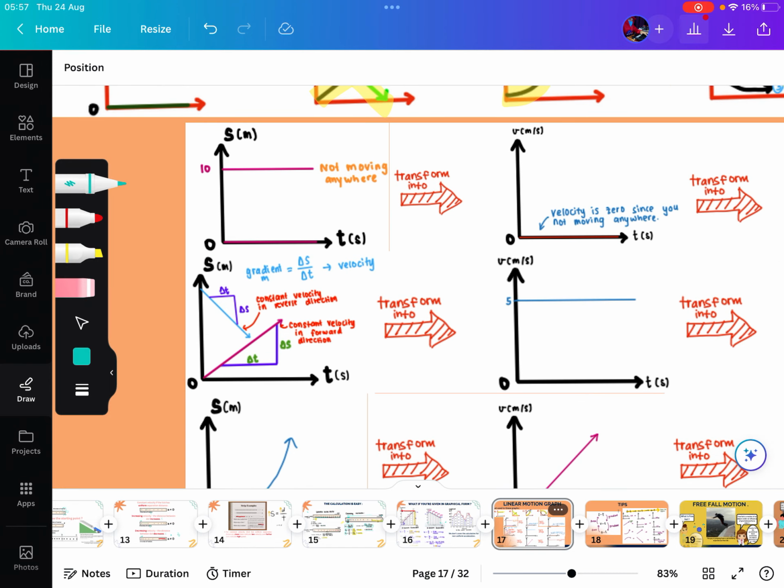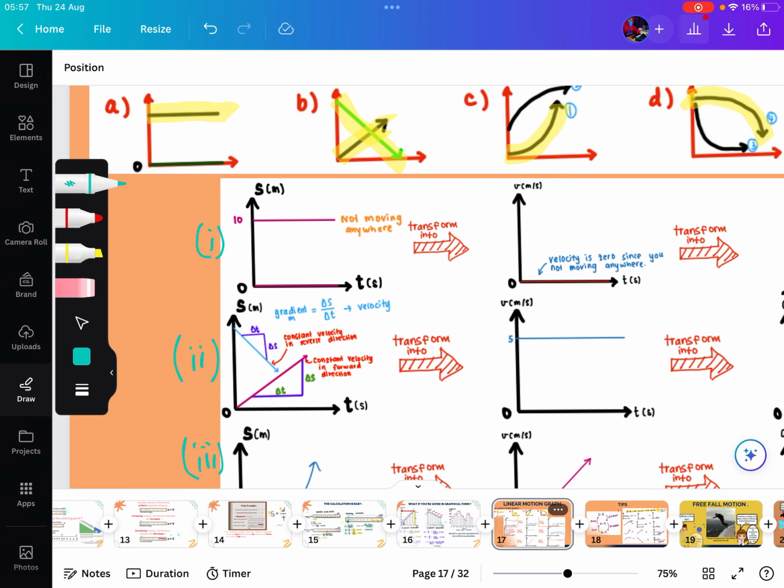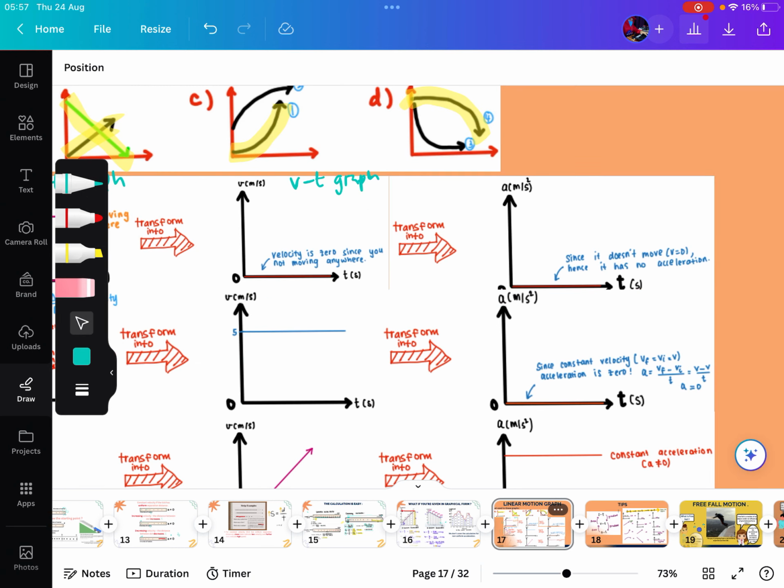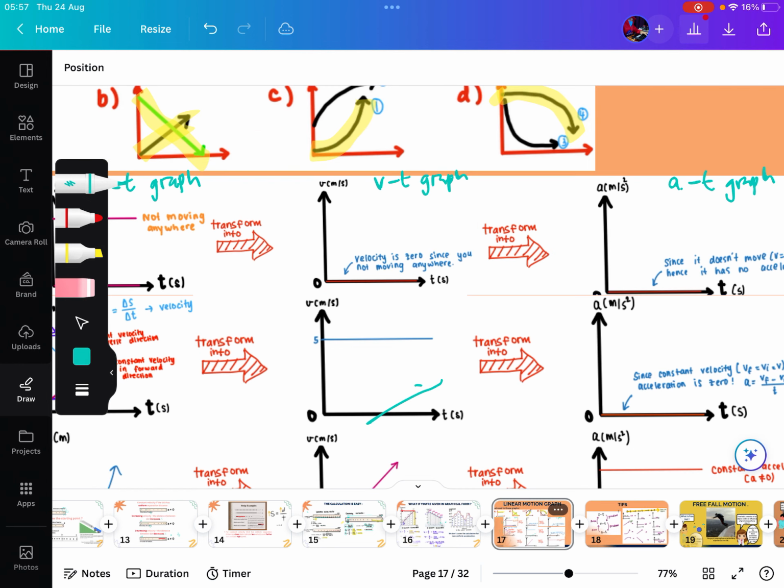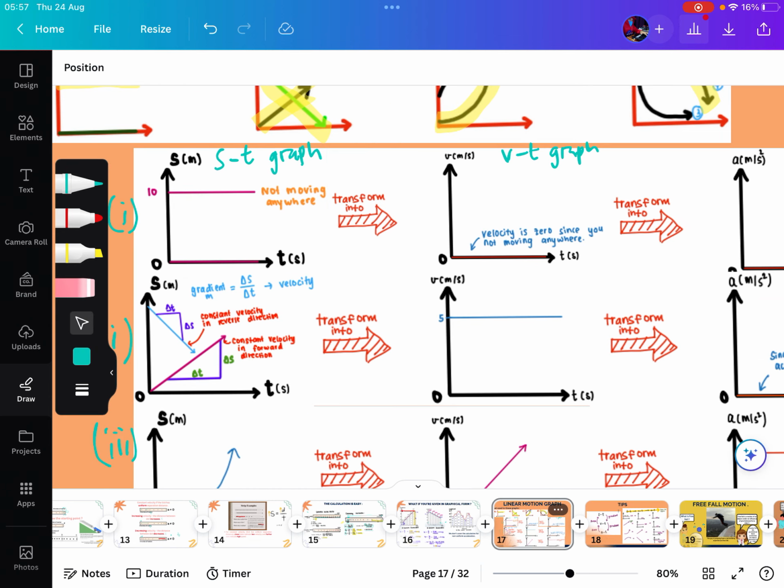I want you to take a look at this diagram, first, second, and third. The first column is the ST graph, this is the VT graph, and the last one is the AT graph. For the ST graph, when you have a flat line like this, you can transform it into a VT graph.